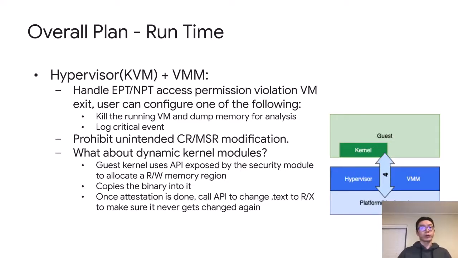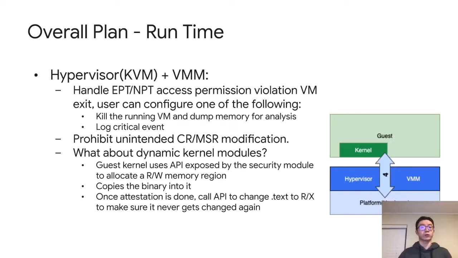And you may be wondering, in runtime, we can add dynamic kernel modules. Those kernel modules are executable. So how do we handle that? Our recommendation is that it's much safer not to do that. But if you have to do that, we have APIs exposed by the guest module. So we'll modify the kernel code a little bit.